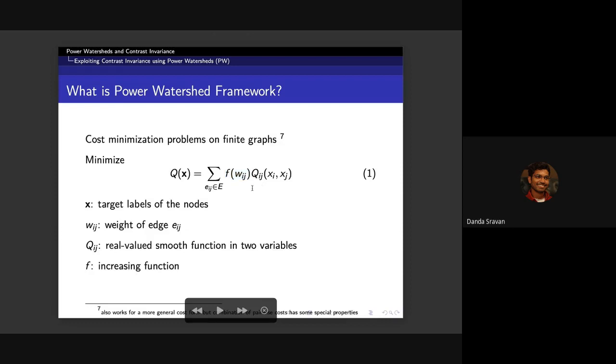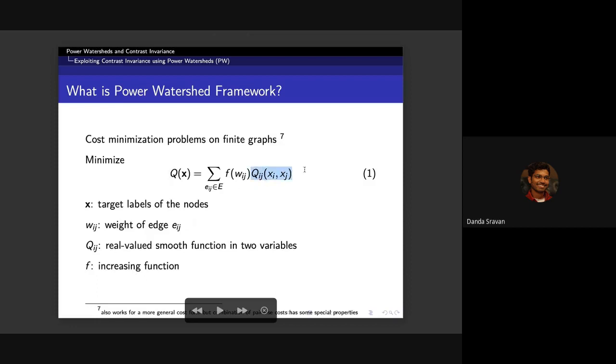This essentially says that if my two pixels i and j are very similar to each other, I am going to penalize a lot if the labels x_i and x_j are very different. Again, this Q is a generic form, but most of the cost functions that we deal with, the graph cut variants, only have pairwise cost function terms.